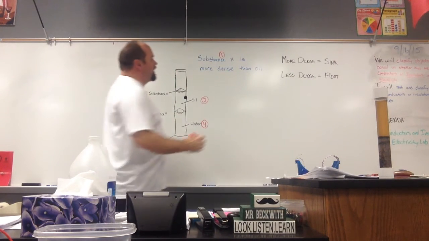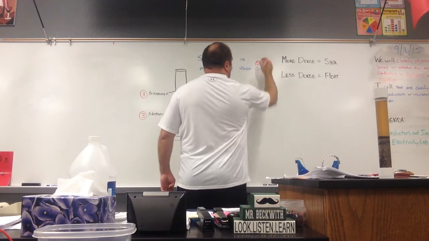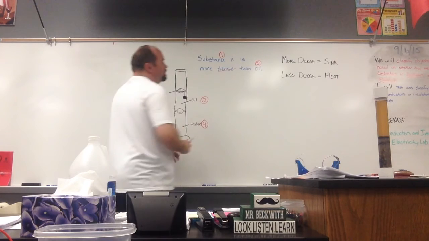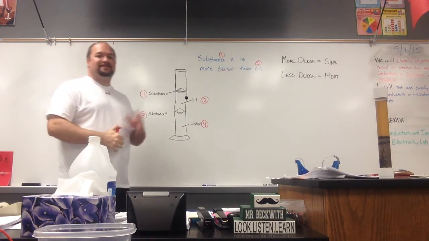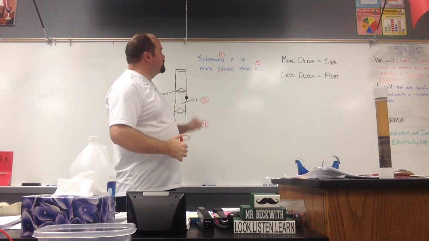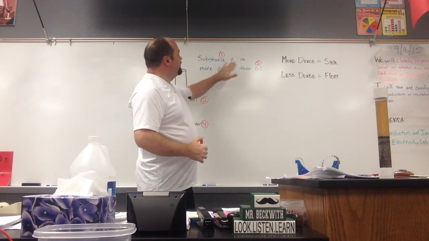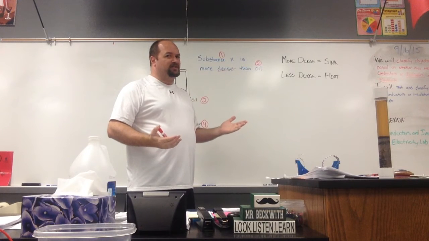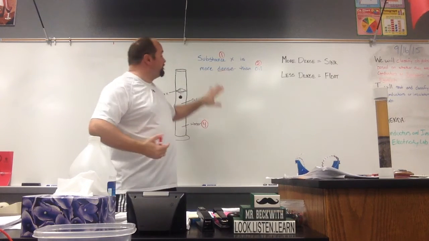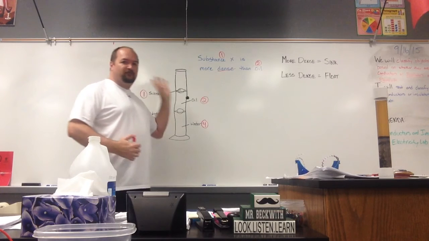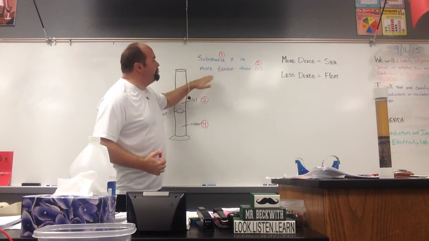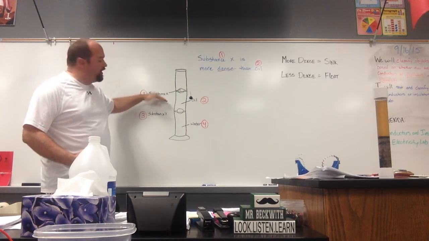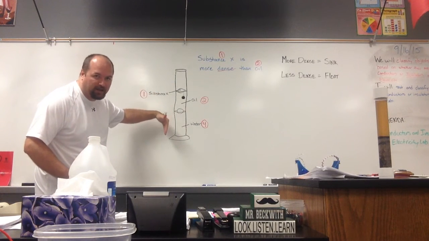Anytime I see oil, I'm going to write a 2 above it. Then I'm going to cross out dense. Now let's read the statement with my changes. 1 is more than 2. Does that make any sense? No, of course not. That's a false statement. It's also false to say substance X is more dense than oil. If substance X was more dense than oil, it would be sinking below it.